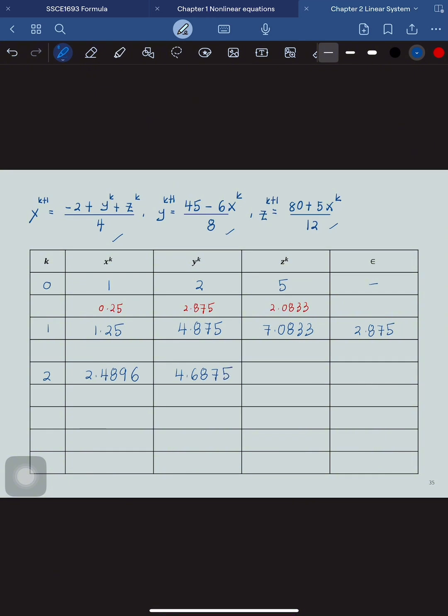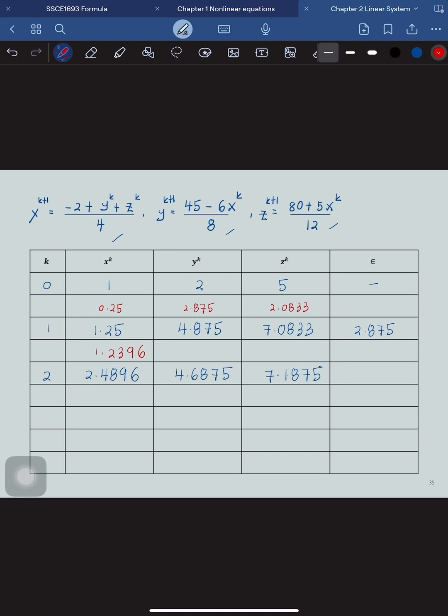Then 80 plus 5 times 1.25 divided by 12 gives 7.1875. Okay, now you subtract: 2.4896 minus 1.25.